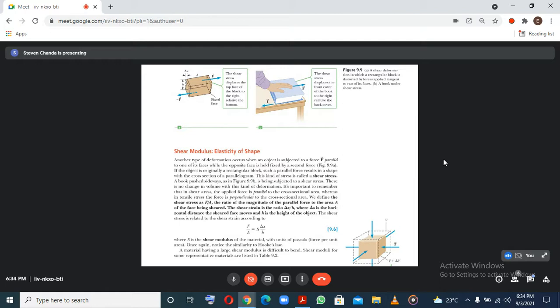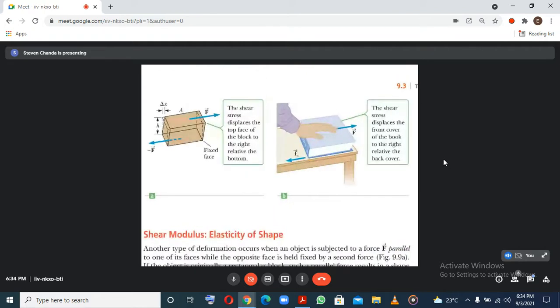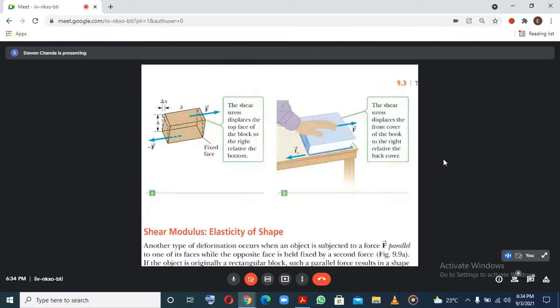Shear is when you've got, let's look at this diagram here, the one that I'm now projecting. You see the shear stress displaces the top surface of the block to the right relative to the bottom. So let's look at this book that this person is holding.